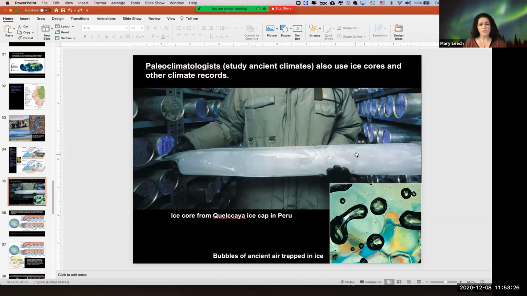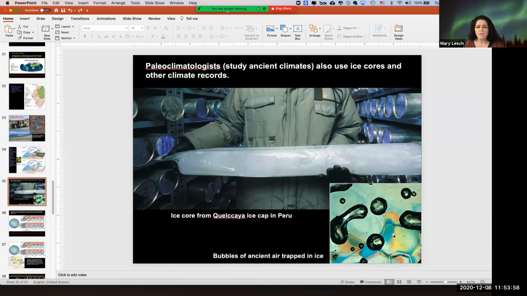There are cores that are taken out of the ice caps. This is an ice core from an ice cap in Peru, stored in these tubes. He's wearing gloves and everything because he's in a giant freezer where all of this is stored. Paleoclimatologists use these ice cores by studying the carbon dioxide content in them and by looking at the O16, O18 ratio.